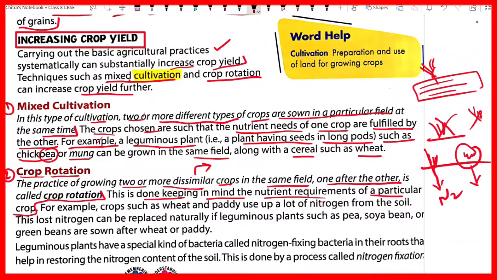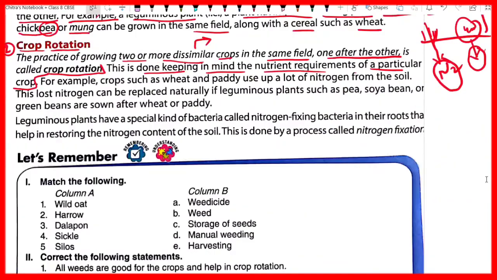Leguminous plants give food to rhizobium, which is a bacteria, and they absorb nitrogen and deposit it in the soil itself. Due to this, the nitrogen content of the soil is increased by the leguminous plant, and that nitrogen is absorbed by the other plant like rice. That's why crop rotation is important in order to maintain the fertility of the soil.